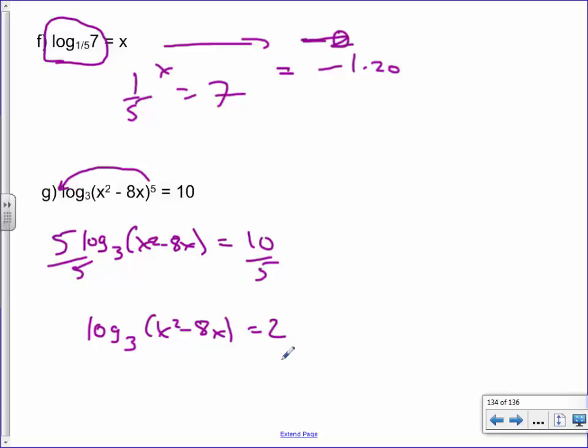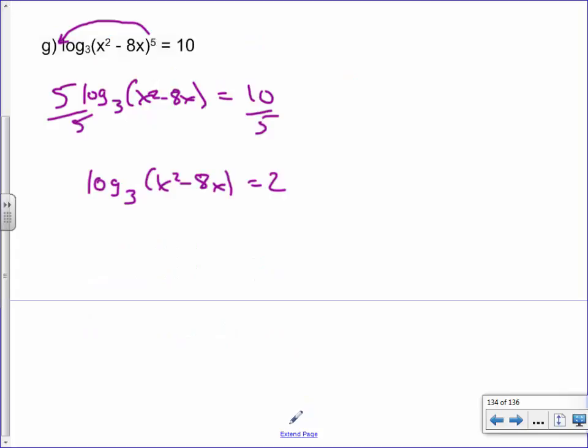I would say most of the time that you see a single logarithm, one of the strategies you have to consider is let's change it to an exponent. Because that's really all I think I have left at this point here. So to make this an exponent, the base was 3. The new power is going to be 2. And it now equals x squared minus 8x.